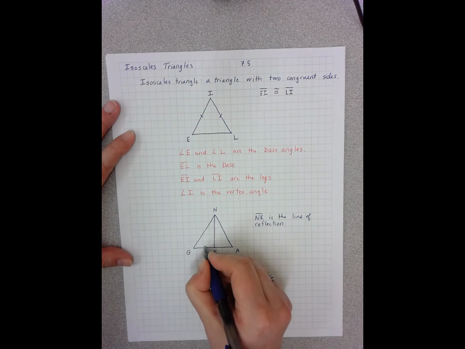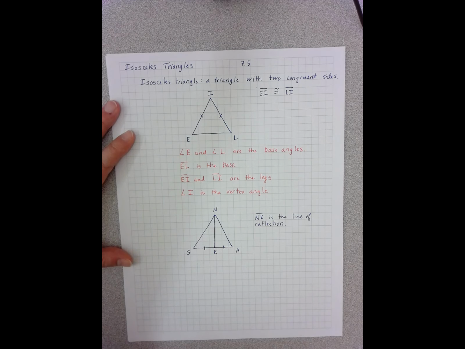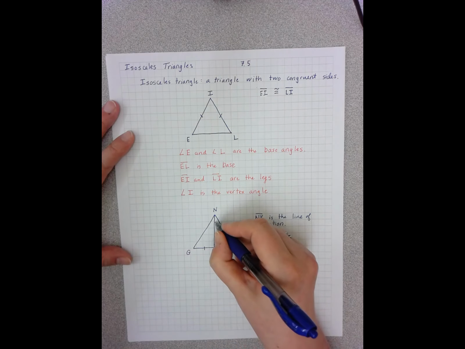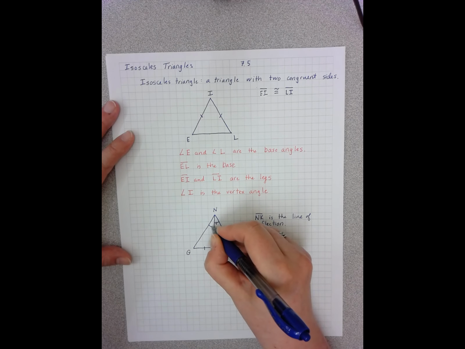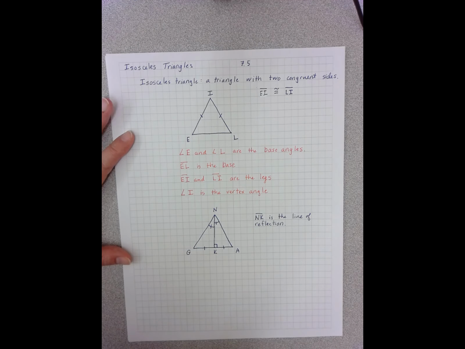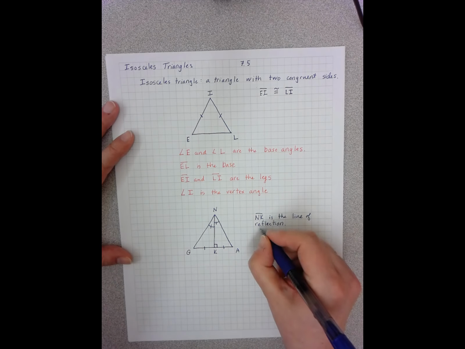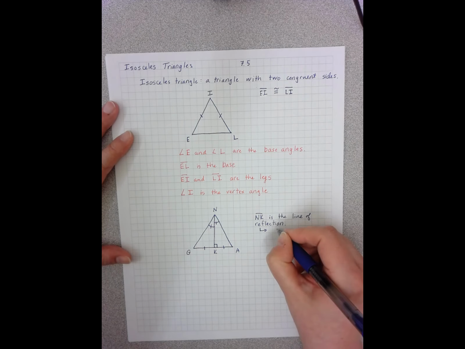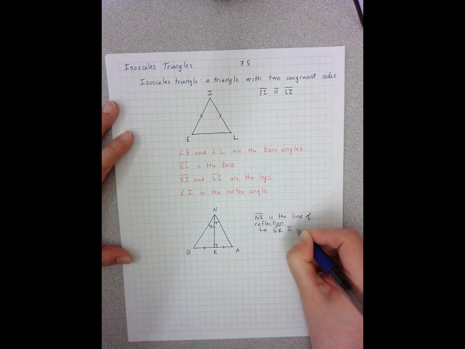It cuts the base in half. It is 90 degrees to the base, and it cuts the vertex angle into two congruent pieces. So the line of reflection does three things. It makes GK congruent to KA.